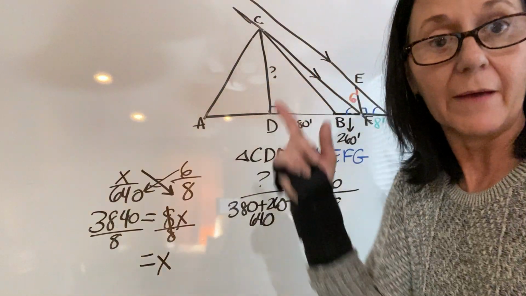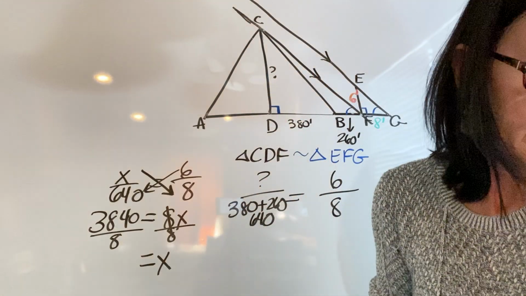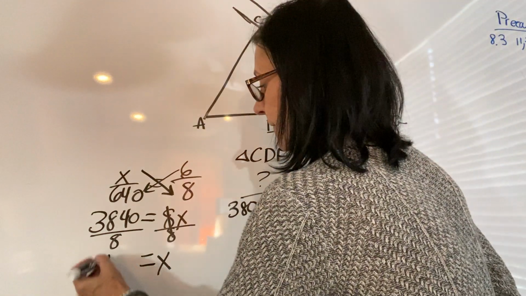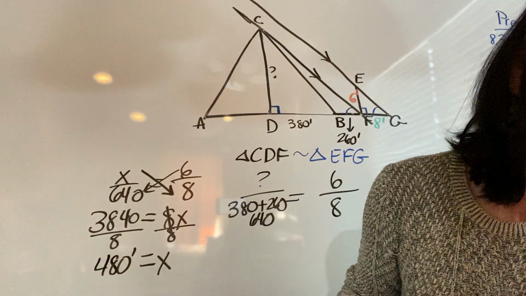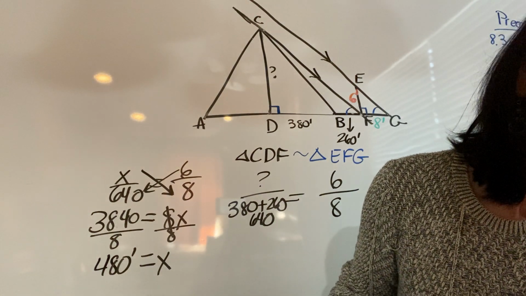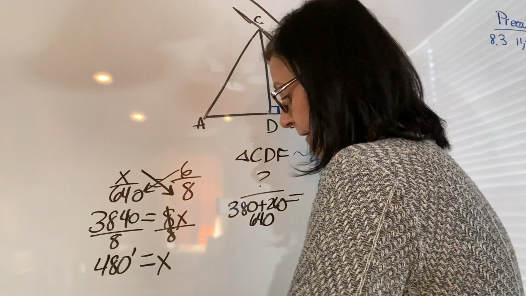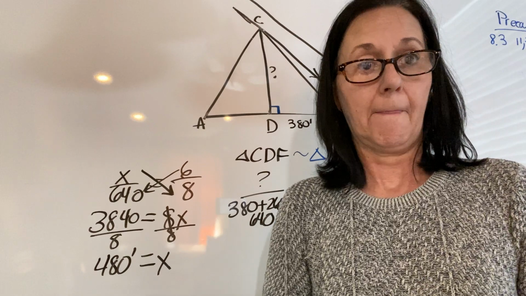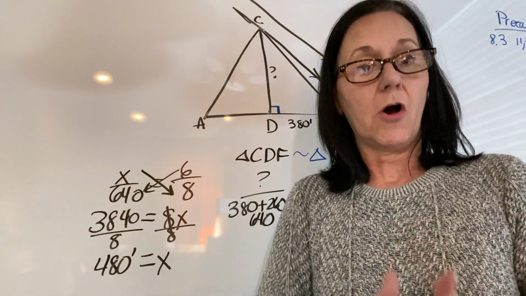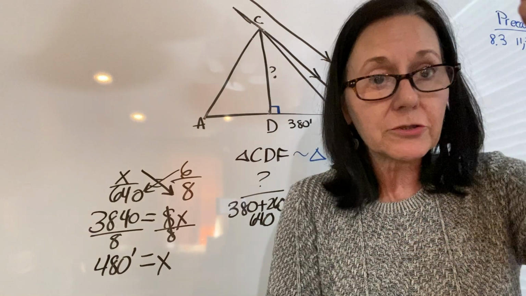The height of that pyramid, 3,840 divided by 8, is 480, and I'm guessing it's in feet. I didn't look to see what the unit is, 480 feet. So you can actually use geometry and solve for the heights of something that you can't reach up to with a measuring tape and measure.